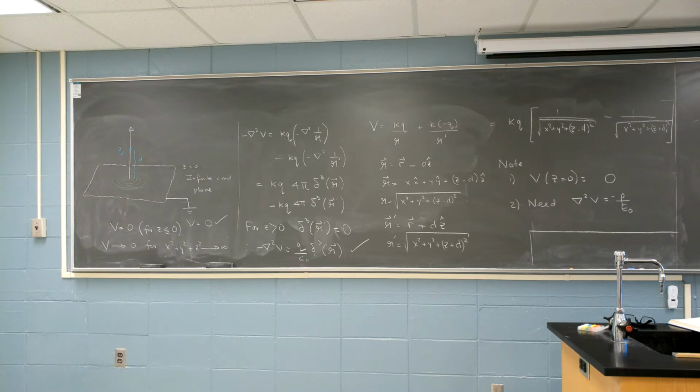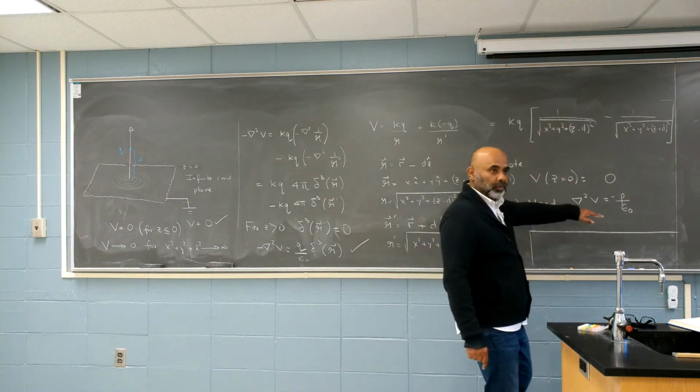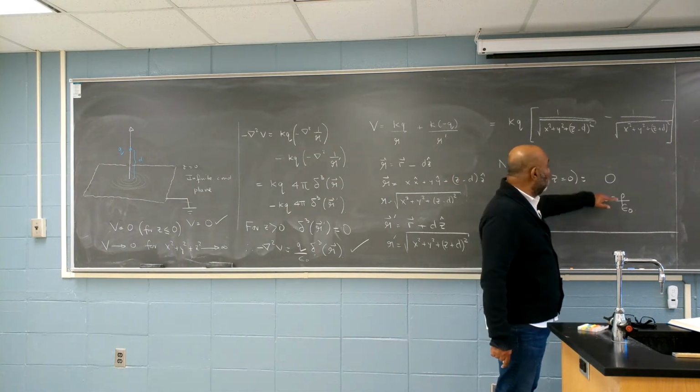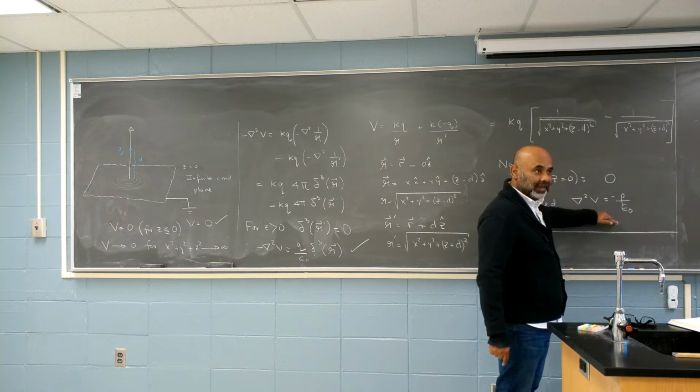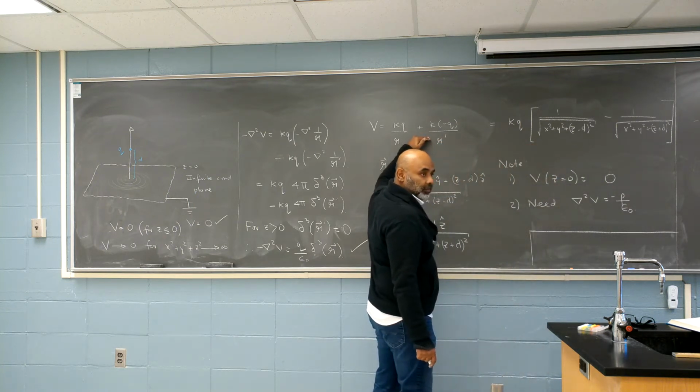I realize it's been a while since we saw this, so ask questions. What I'm doing here is, this is the Poisson equation. So we have to show that this satisfies that. But I'm not going to use this version, I'm just going to use this version.